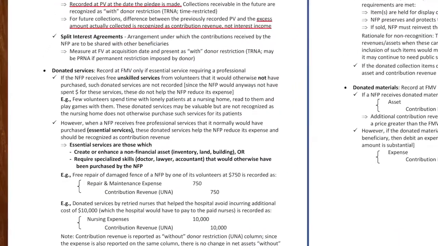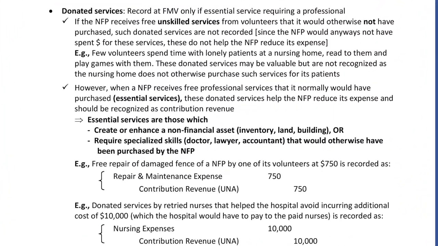Back on page 54, we're looking at highlight donated services, which are recorded at fair value only if it's an essential service requiring a professional. So the second sub bullet there, highlight services that the not-for-profit would normally have purchased, or essential services, such that the donated services help the not-for-profit reduce its expense and should be recognized as contribution revenue.